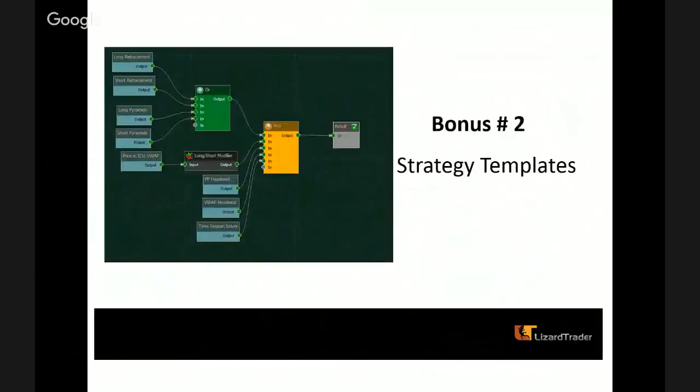All right, so the second bonus is the strategy templates that I've shown you here today. They're not the same for all instruments. Each market has its signature, so I've made some adaptations to the different markets.